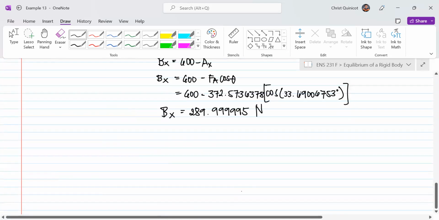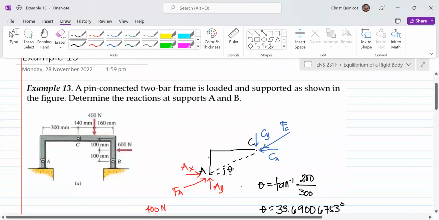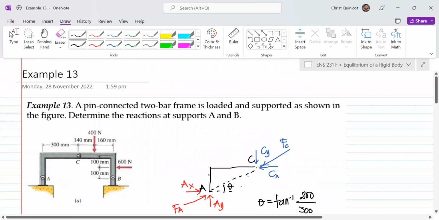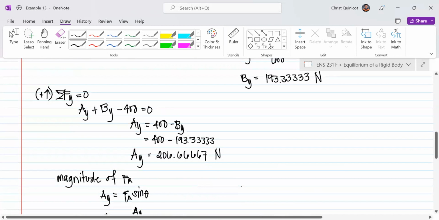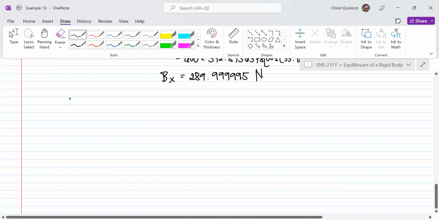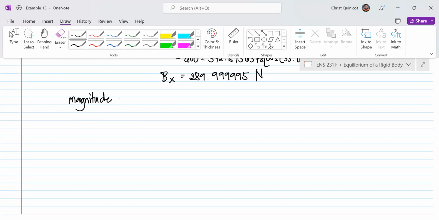But we are not yet done since we are tasked to find the magnitude of the reaction at support B. So therefore, the magnitude of F sub B, the reaction at B, is equal to the square root of B sub x squared plus B sub y squared.